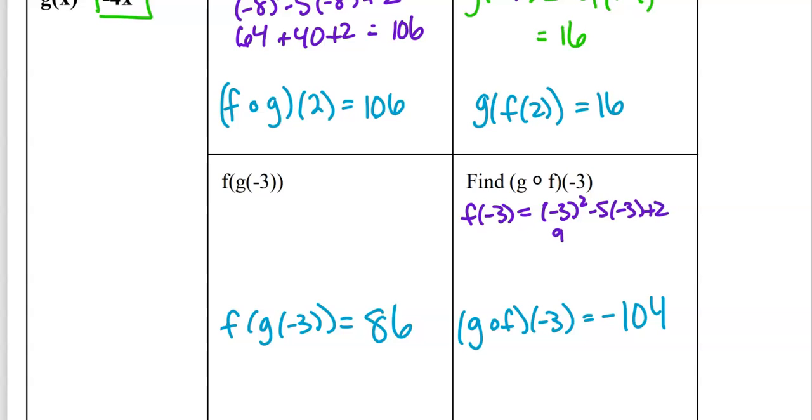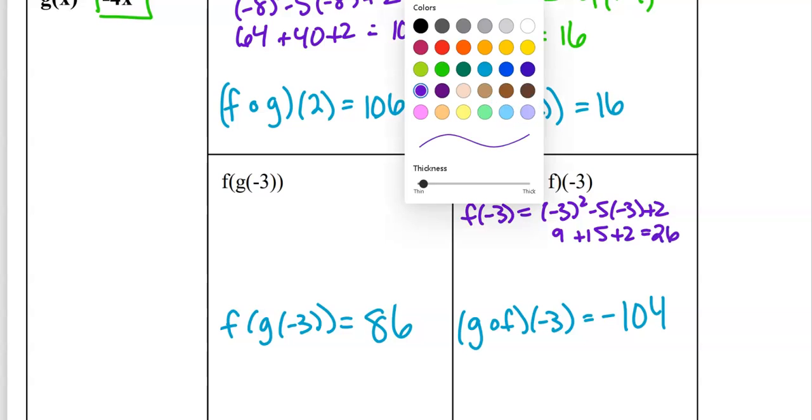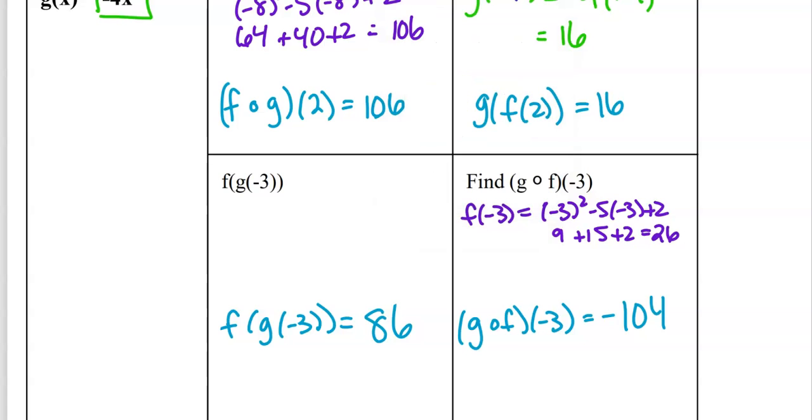So this becomes 9, this becomes positive 15, plus 2. So that is 26, yep. And then you're going to take that value and plug it into G. So G of 26 is now negative 4 times 26, which is where you get the negative 104.